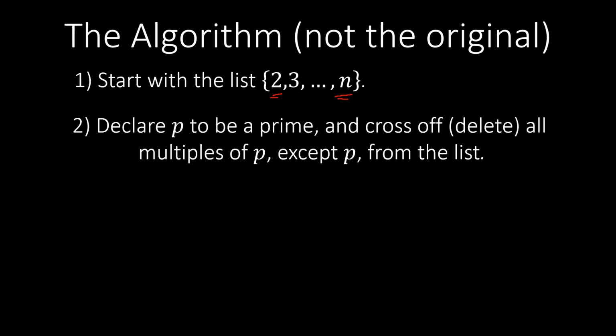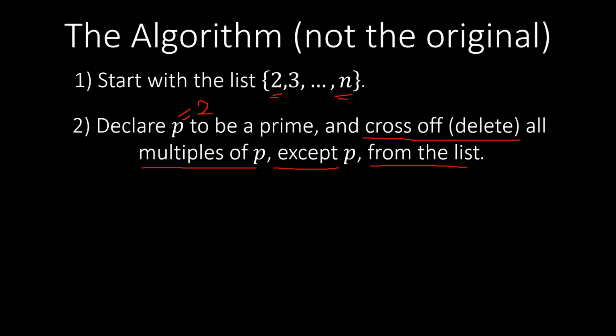We declare one of the numbers a prime, and usually you start with p equals 2, the first one in the list, and you cross out or delete all multiples of that p, except for p itself, from that list. So in the first case, you delete all the multiples of 2.